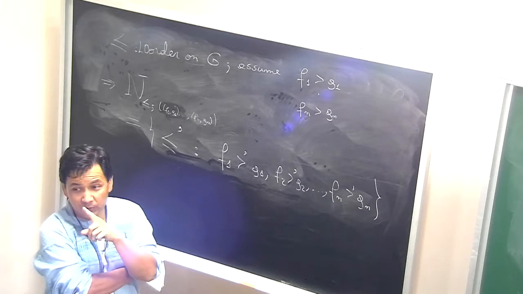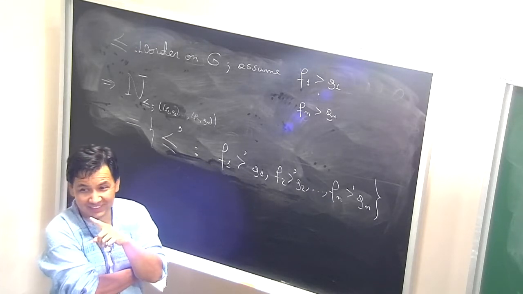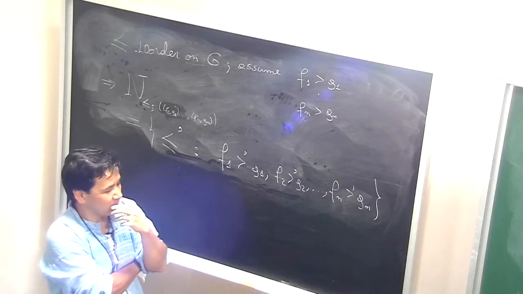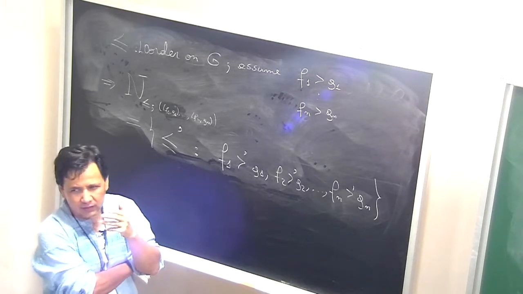Yeah, I prefer to use {-1, 1}. Okay, okay. For me, 0 because they are equal. Okay, {-1, 1}. I think yeah.